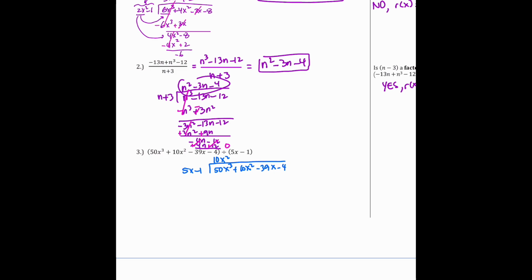And then if you multiply, you get 50x cubed minus 10x squared. Switch sign, negative, positive. This cancels. Then you get 20x squared minus 39x minus 4. And then 5x goes into 20x squared 4x times, so plus 4x, 20x squared minus 4x. Switch sign, negative, positive. This cancels out. Negative 35x minus 4.